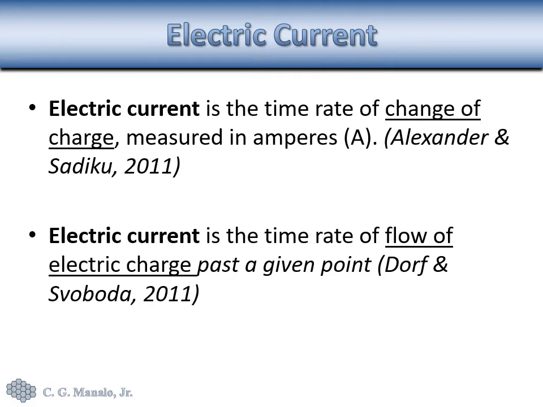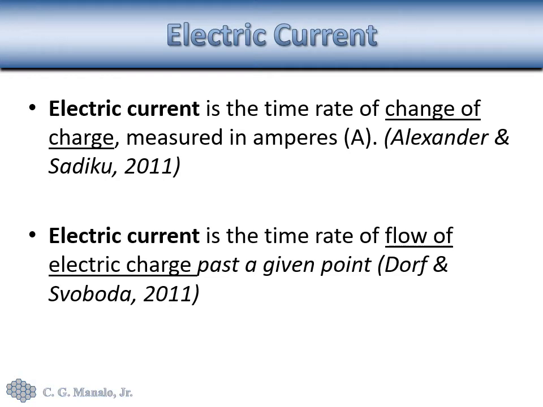So let's make a more formal definition of electric current. From the book of Alexander and Sadiku, electric current is the time rate of change of charge, measured in amperes. So current is really the rate of change of charge.